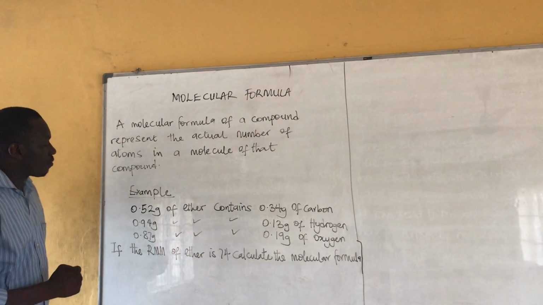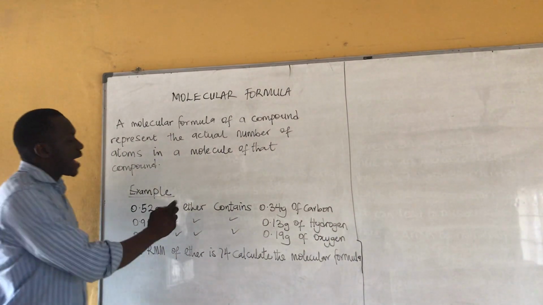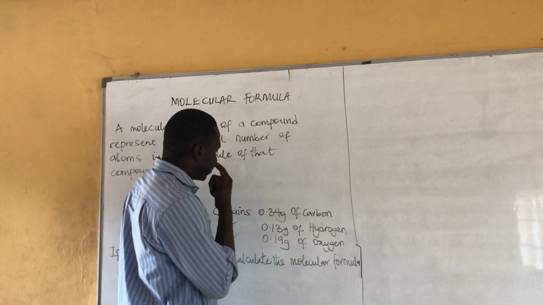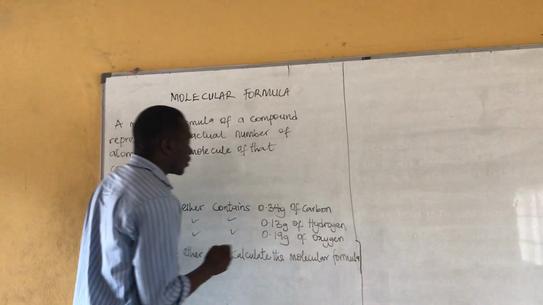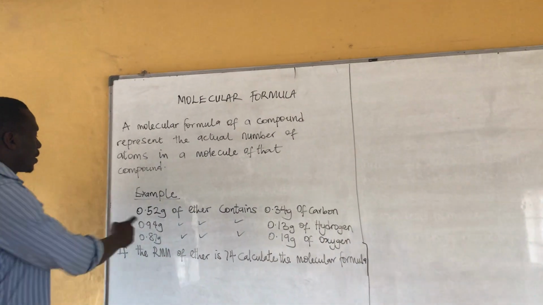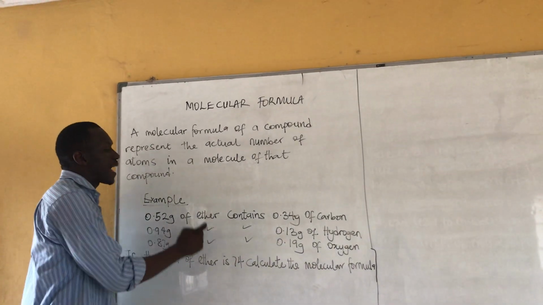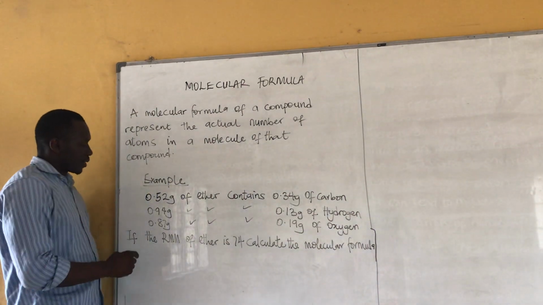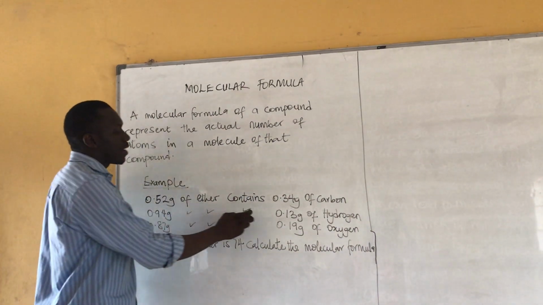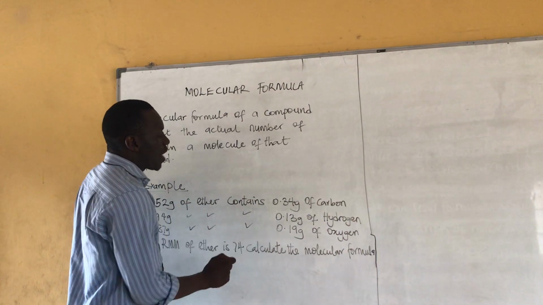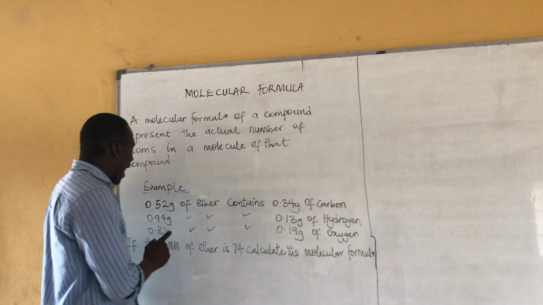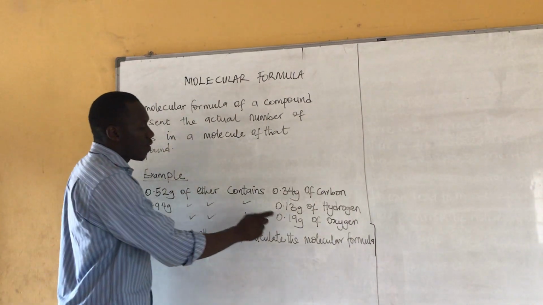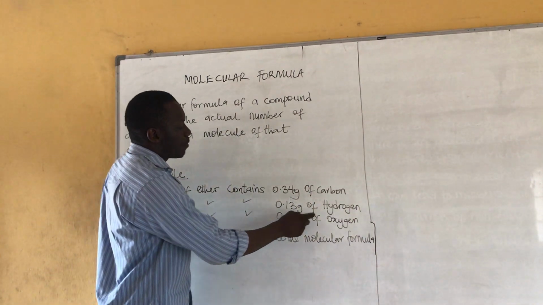0.52 gram of ether contains 0.34 gram of carbon. 0.94 gram of ether contains 0.13 gram of hydrogen, and 0.87 gram of ether contains 0.19 gram of oxygen.